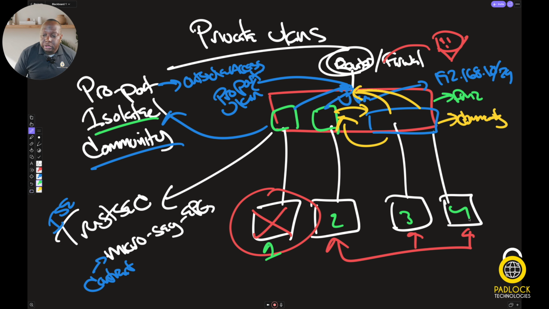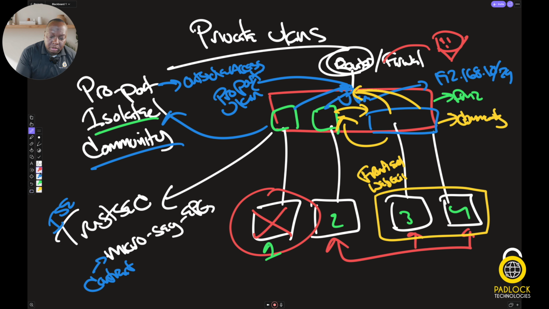Now, the next question is, why wouldn't you just make everything isolated, everything in the isolated VLAN? Well, the problem with that is if these two machines need to talk to each other for some reason, case in point, say this is the front end web server, the web GUI that people talk to. And then this right here is the backend database that they talk to.